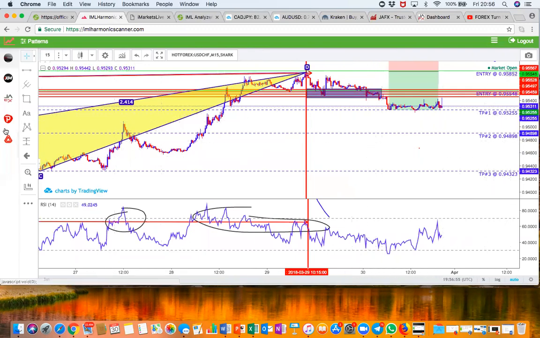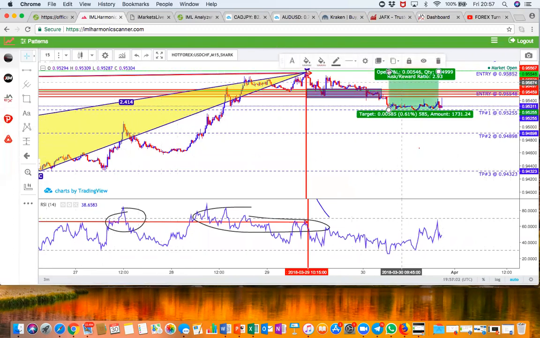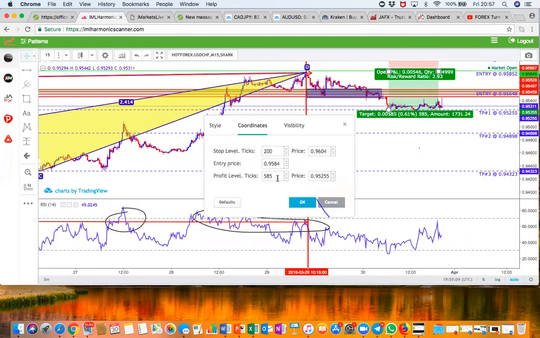So that's how you calculate it. You can calculate it in pips, in numbers that you want yourself. You can tweak it here. That's 58, almost 58 pips from that entry to that entry.